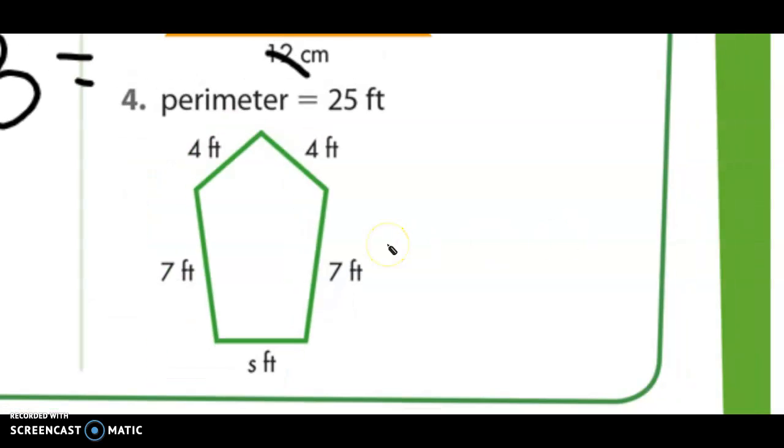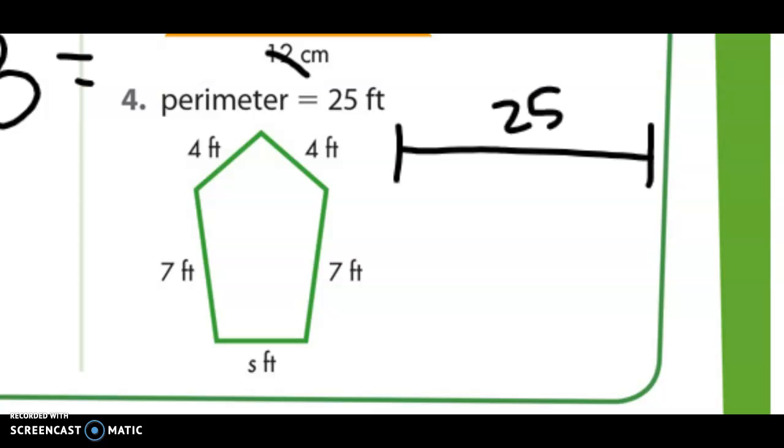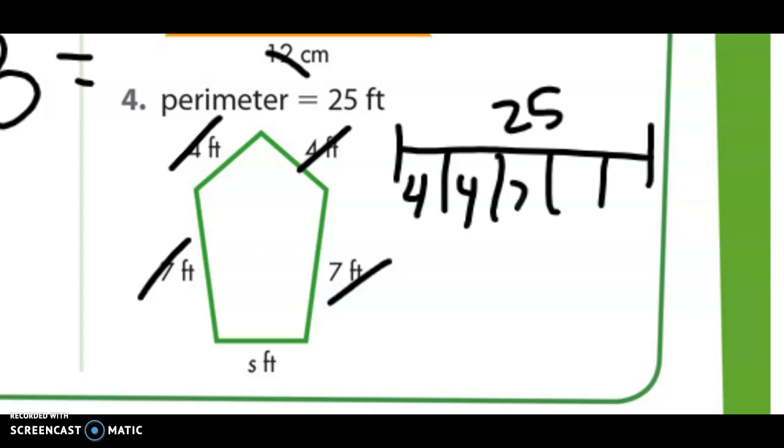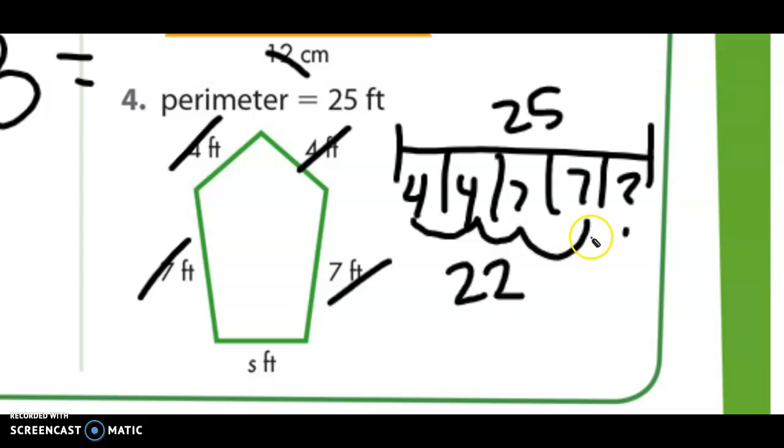Okay. Here on this one, crazy shape, it is a total of 25 feet. And it has 5 sides. 1, 2, 3, 4, 5. A 4, another 4, a 7, another 7, and then one that we don't know yet. 4 and 4 make 8. 8 and 7 make 15. 15 and 7 make 22.